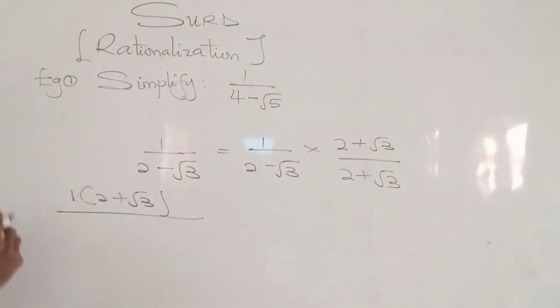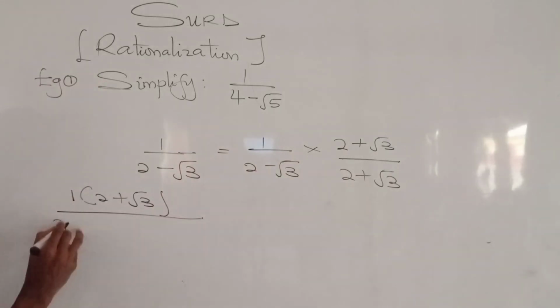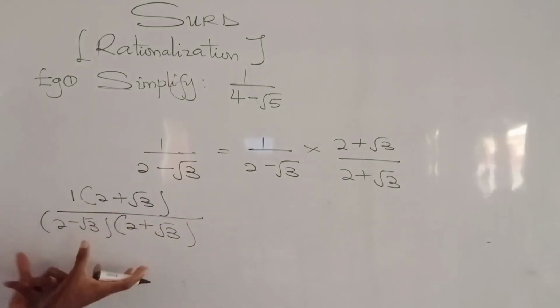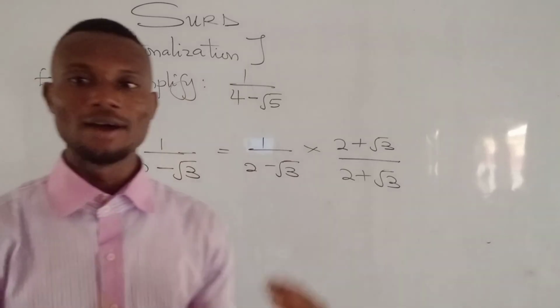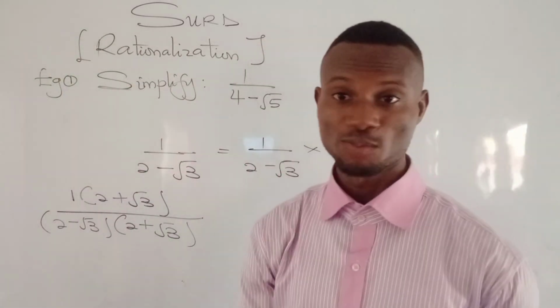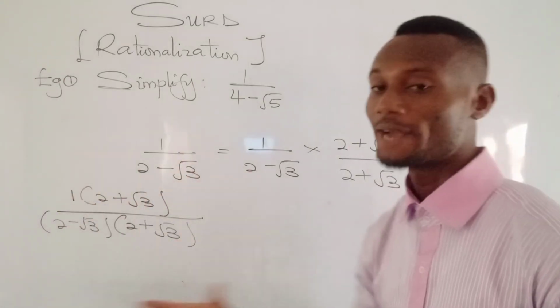We put each of them into bracket: 2 minus root 3 multiplying 2 plus root 3, because two brackets put together like this means they are multiplying. I hope the explanation is clear enough up to this point. All that we did is to multiply the numerators and multiply the denominators.